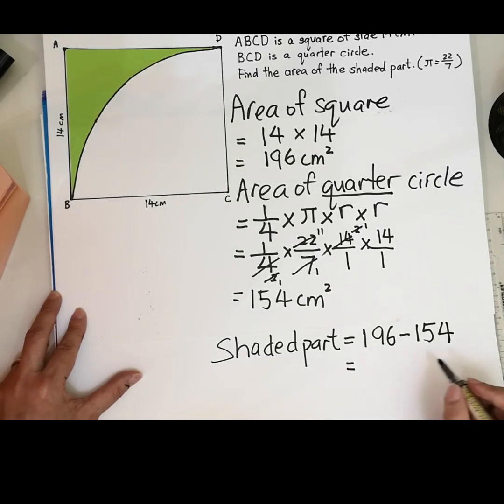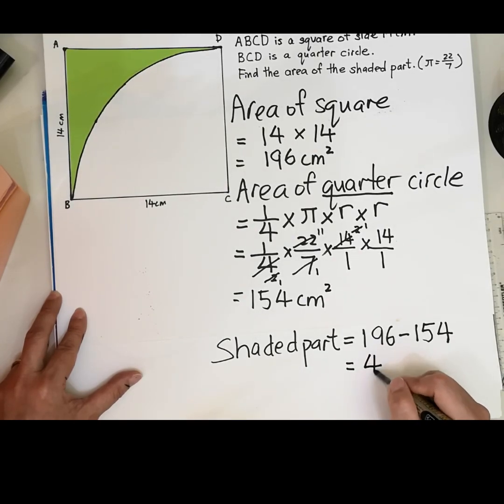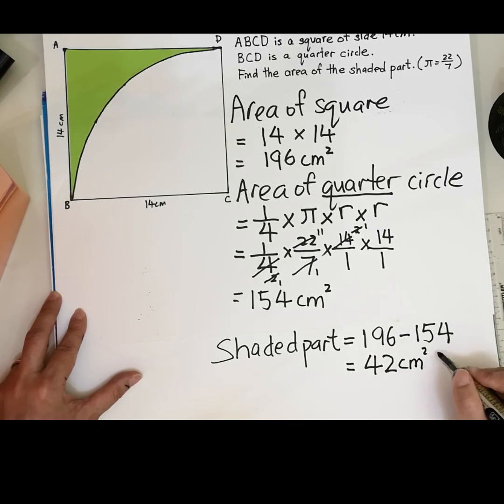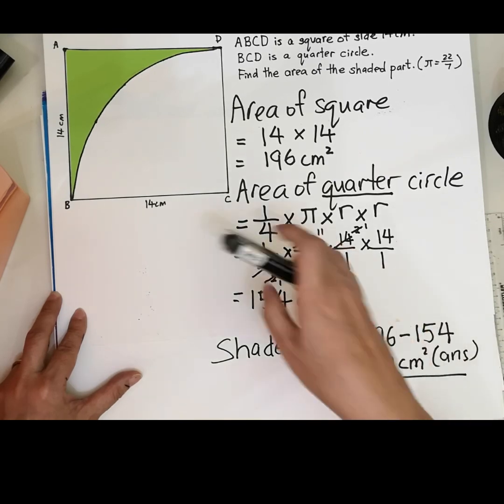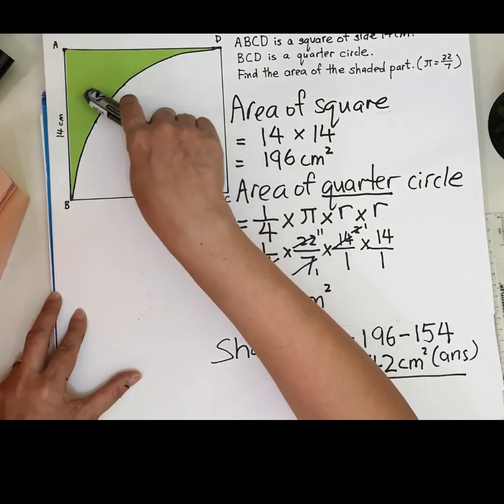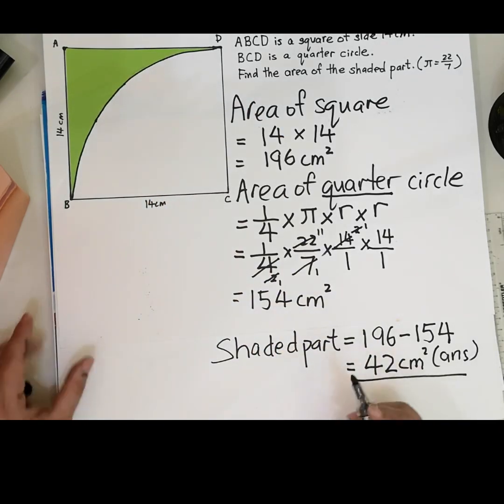Okay, so that will give you 42 square centimeters. So that will be the answer for finding the area of this shaded part, the green part in this composite figure.